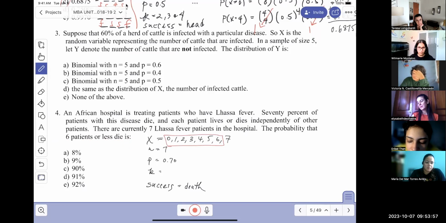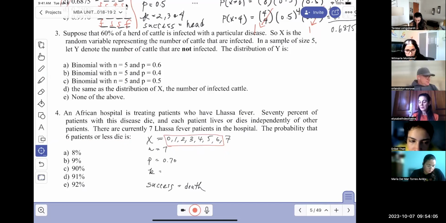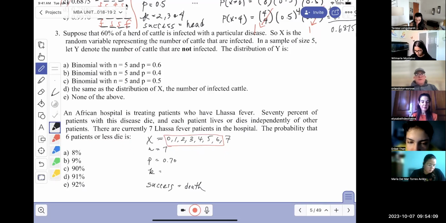Or what can we do? What's an alternative to adding all those together? 1 minus the probability of 7. Not just the probability of 7 though, 1 minus the probability. Yes, 1 minus. Don't forget that because that's where you're going to go wrong.